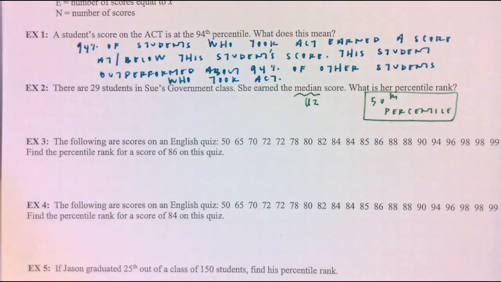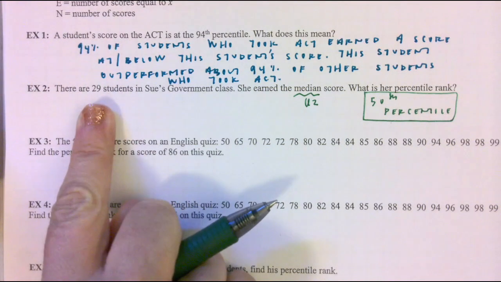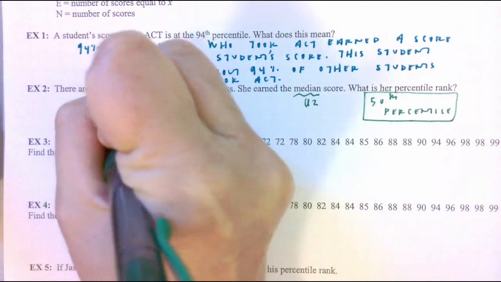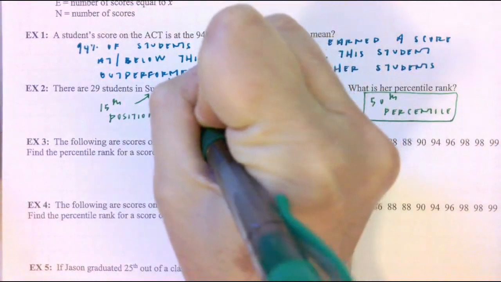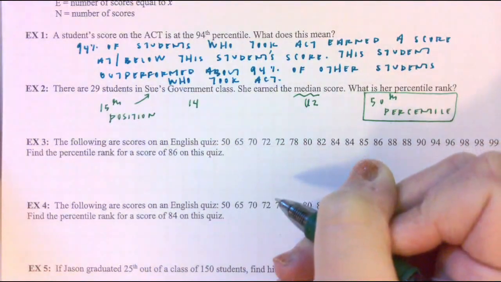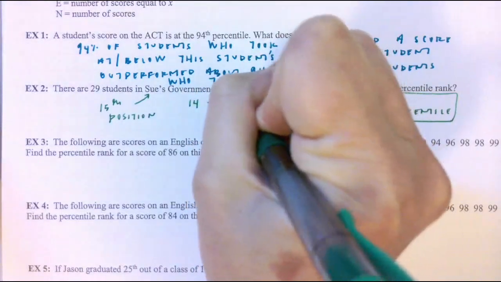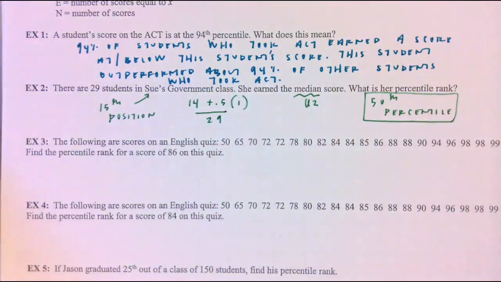Let's say that I wanted to double check that. If I'm thinking of what Sue's position is, if she's the median, I know that 29 plus 1 divided by 2, 30 divided by 2, would put her in the 15th position. So if I check this with the formula, I know that 14 students were below her, plus half of the 1 Sue, divided by 29 students in the class.